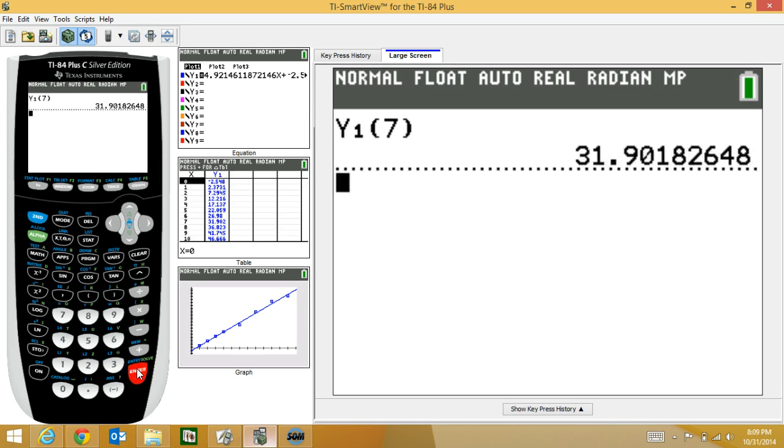And then we're going to hit Enter, and again we get 31.9 pounds. So you get the same answer no matter which method you use. So follow your heart. Unless your heart tells you not to do it, then don't follow your heart. But whichever method you want to use, it's completely up to you.